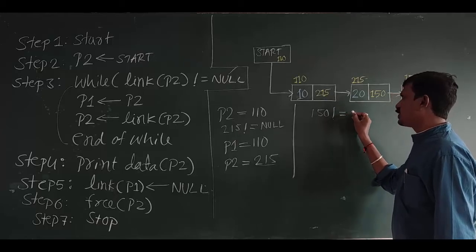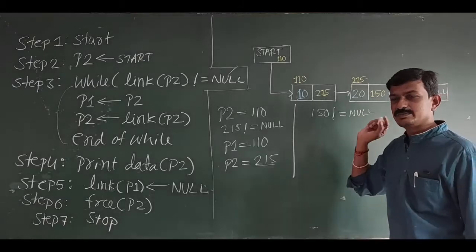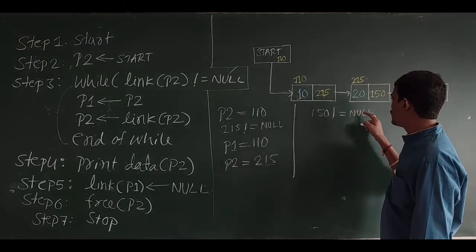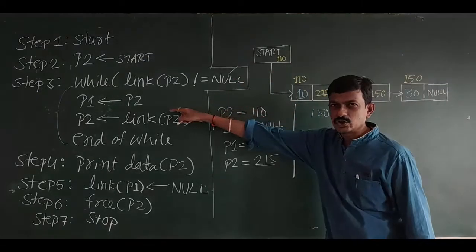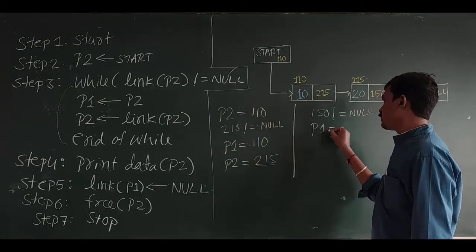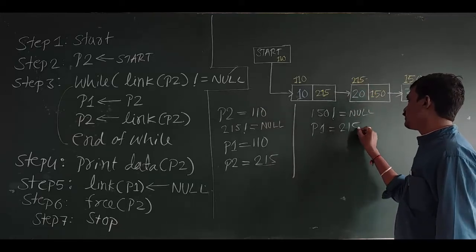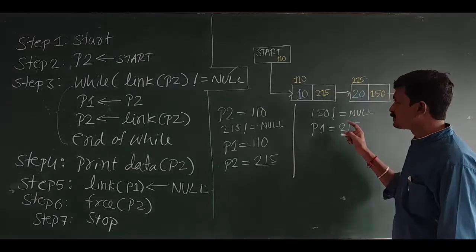Is 150 not equal to null? Yes, the condition becomes true, so it enters the loop. Now P1 equal to P2, and the P2 value is 215.